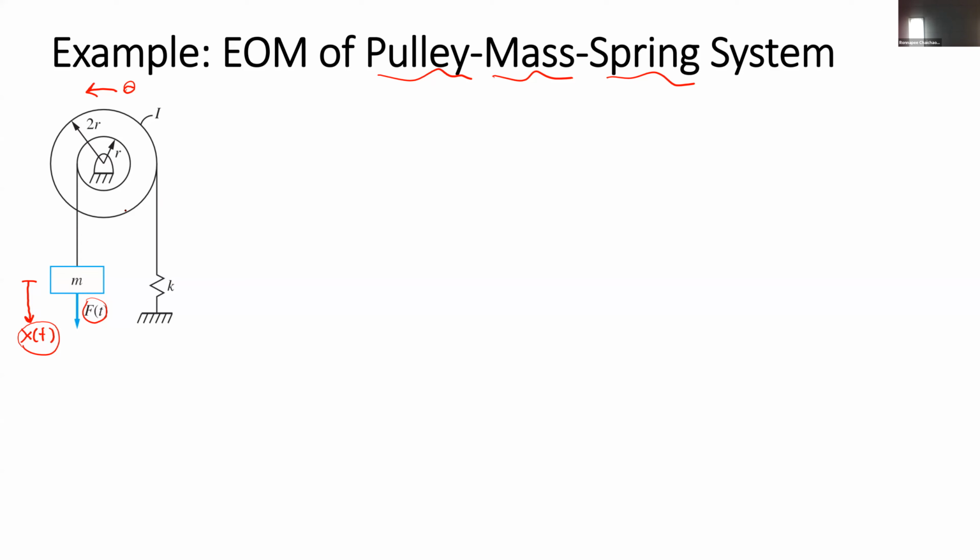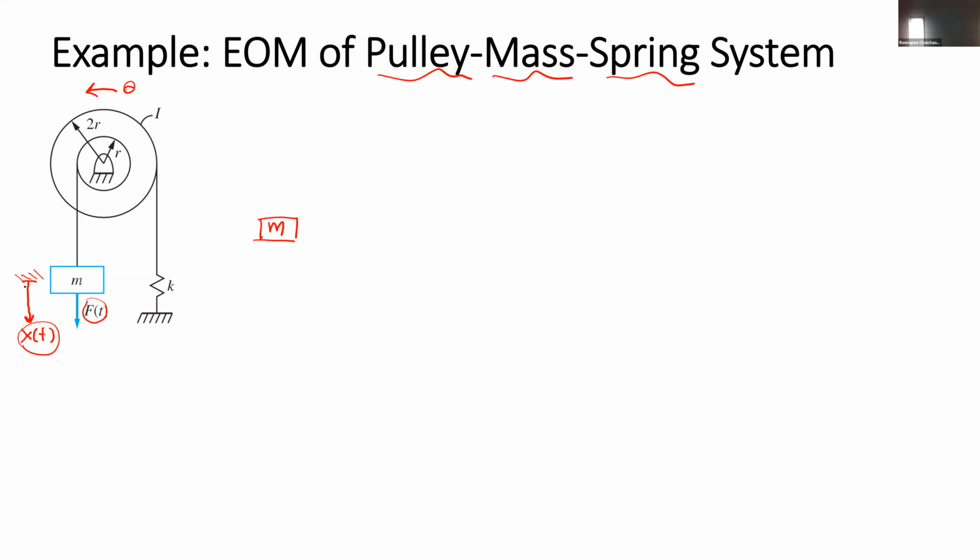If we consider the mass m, the forces that act on the mass, we select the generalized coordinate x referring to the equilibrium position of the system, and the mg of the mass is compensated by the kx of the spring.